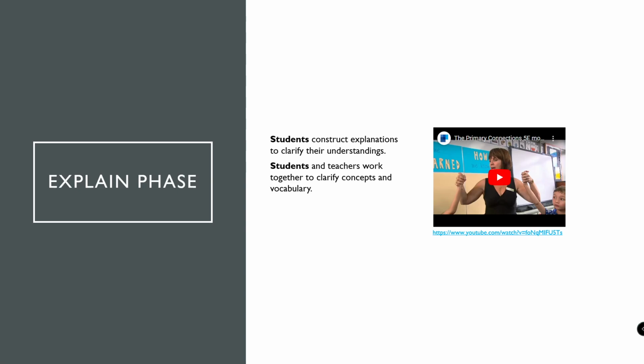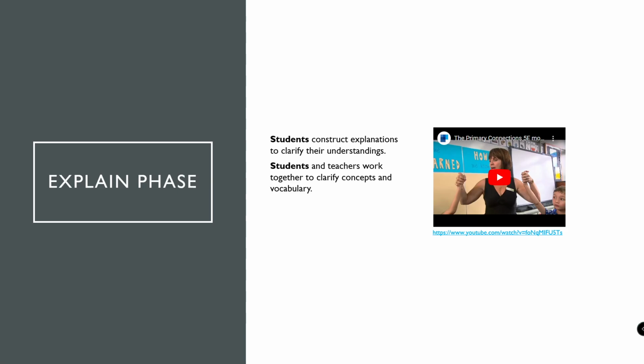Now, the key thing here is this is where students construct explanations to clarify their understandings. So it is not the teacher explaining to the students, this is what just happened. It is the students, with the support of the teacher, explaining what has happened. So often they're taking the more informal language, like stretching, and it's being developed through teacher prompts, questions, and clarifications to say, well, that's a good example of elasticity, or something of high elasticity, for example.